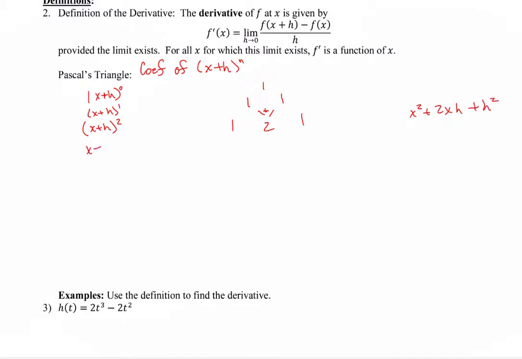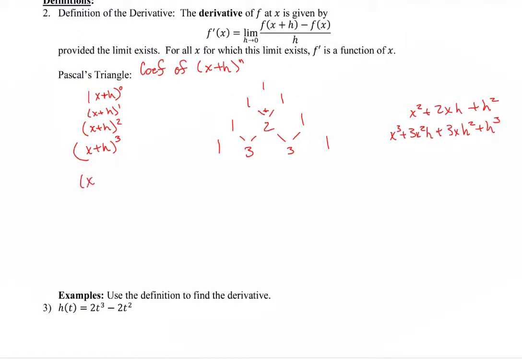If I have x plus h cubed, that's 1, 3, 3, 1. So that's x cubed plus 3x squared h plus 3xh squared plus h cubed.